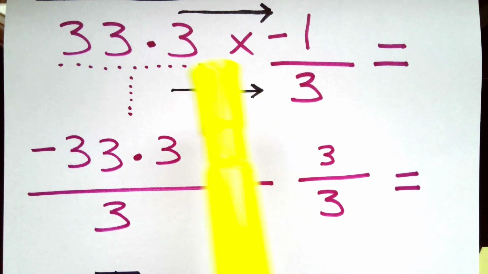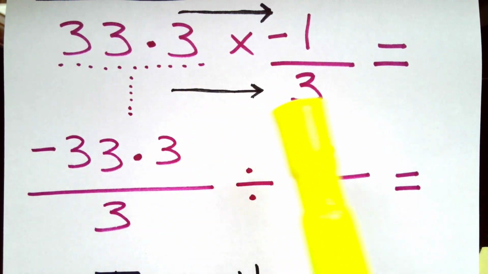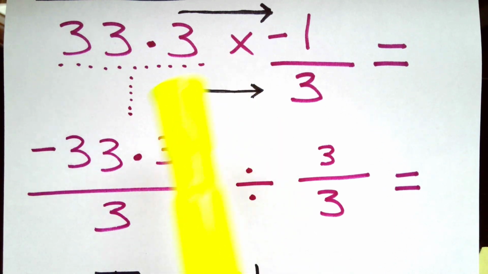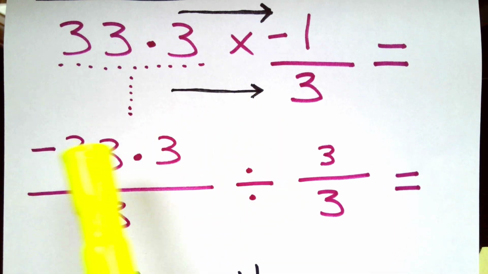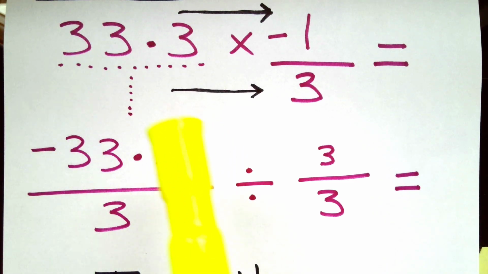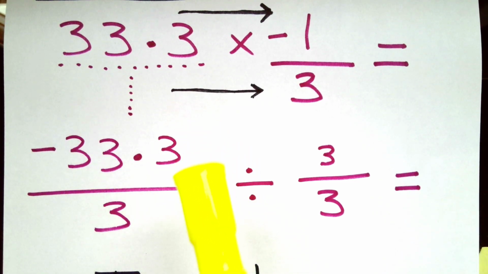And we multiply fractions, again, top to top and bottom to bottom. Negative 1 times 33.3 is a negative 33.3. 1 times 3 equals 3. Now I want to, again, reduce this fraction to its very smallest part. There's two things you could do here in order to do that. Divide 3 into top and bottom like I'm showing you here.